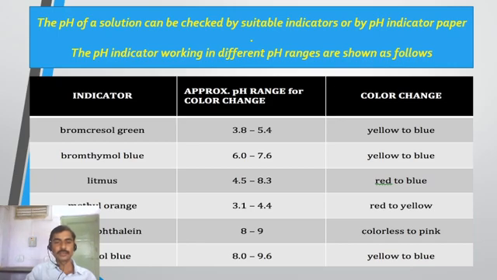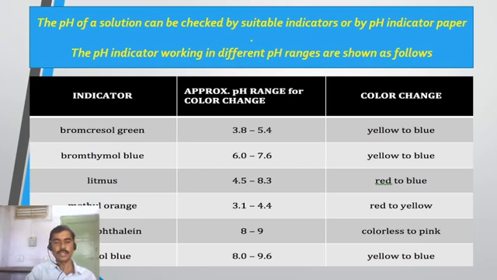Dear friends, if we want to check the pH of any aqueous system, we can use pH indicator paper or a suitable pH indicator. The exact or accurate pH can be measured with the help of a digital pH meter.